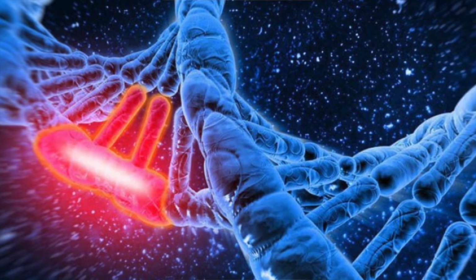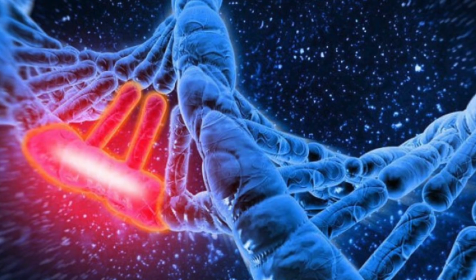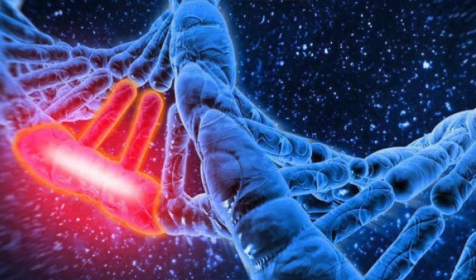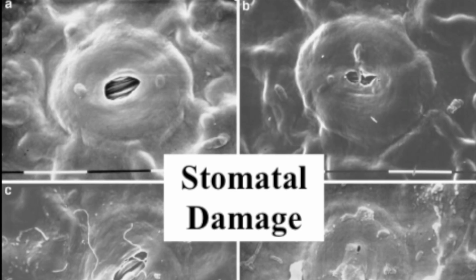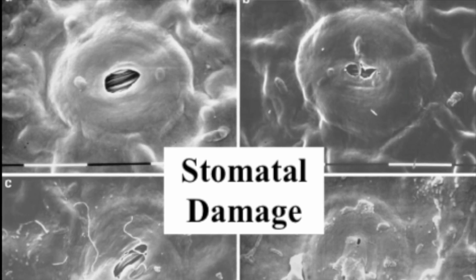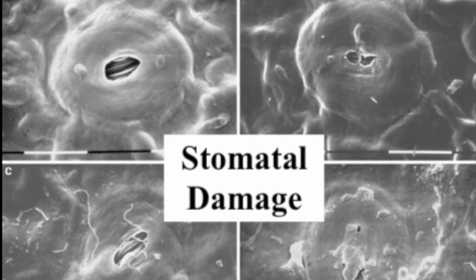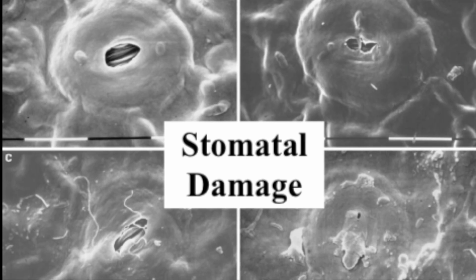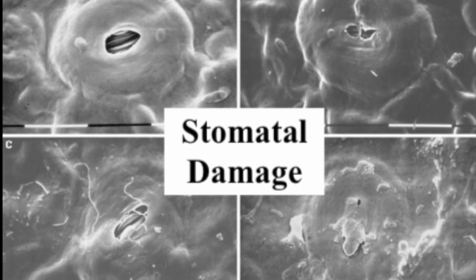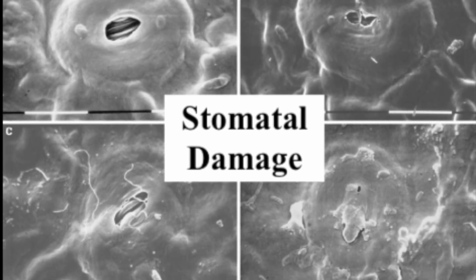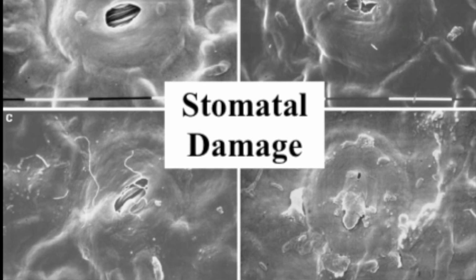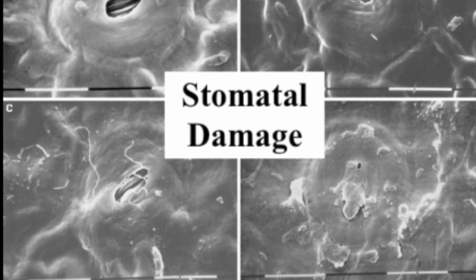Now, coming back to the main idea, what is the final effect of the different mutations? Well, the plant becomes incredibly vulnerable. If stomata can't close, the plant loses too much water, can't regulate its internal temperature, and can't take in enough carbon dioxide.